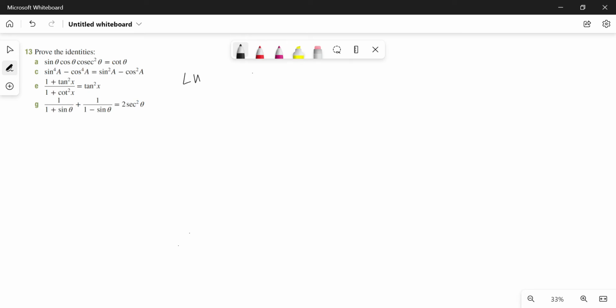Again, left hand side. If you note with C, we have a difference of 2 squares. So I'll show you. So if you look over here, it's only got squares, and on the left hand side we've got to the power of 4s. So think about it like this. We've got sine squared squared and cos squared squared.